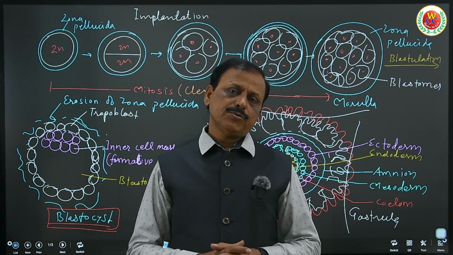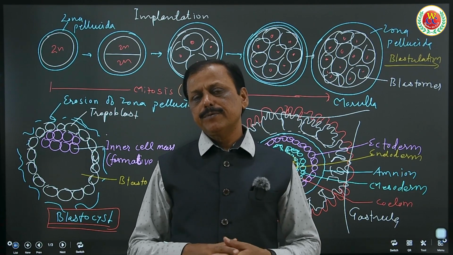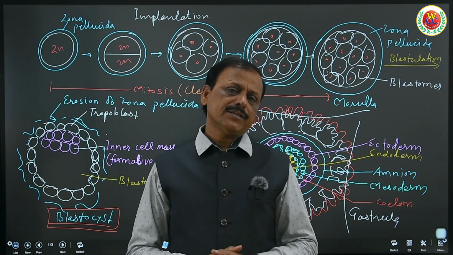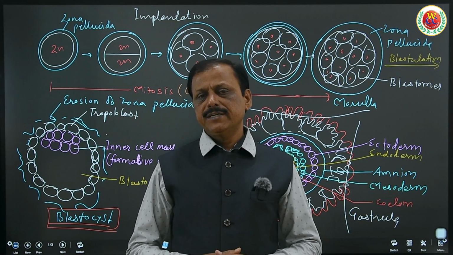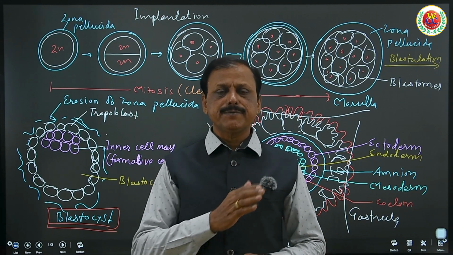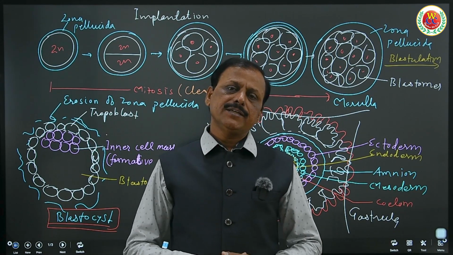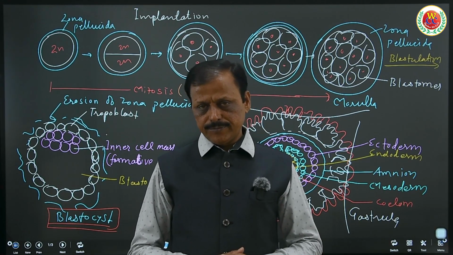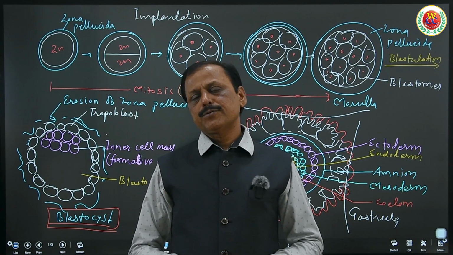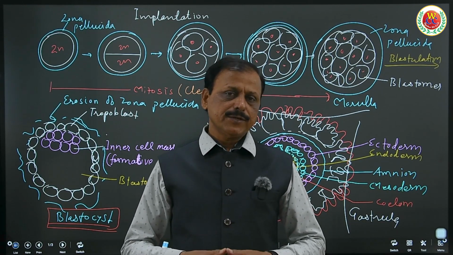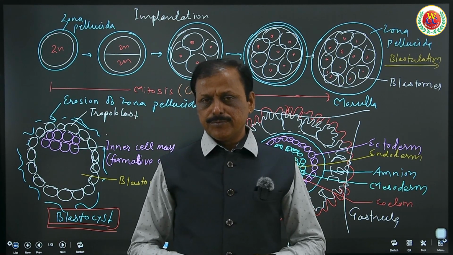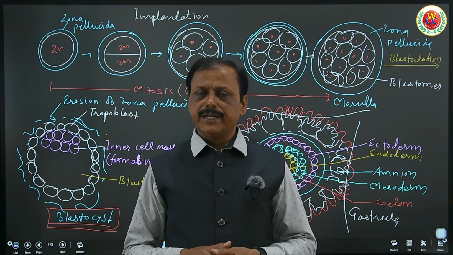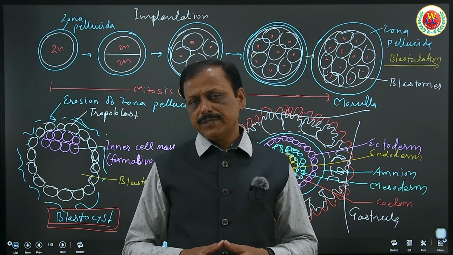So you can refer to it to have the complete idea about the development of baby in first month, in second month, in 5th month or second trimester, and finally 9 months when completed, that is called gestation period, is completed and baby is ready to take birth, and that process is known as parturition, that we will learn in the second video. I hope you did understand the process of embryonic development and implantation, and that you also learned how the fetus is developed in the 9th month and gets ready to take birth.